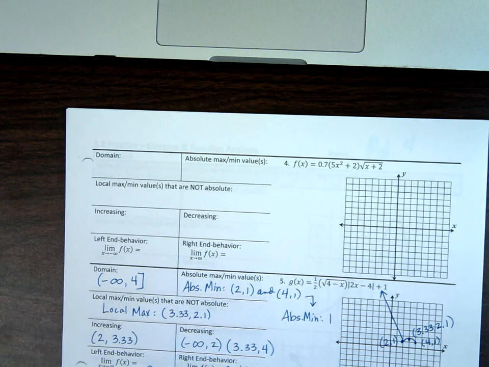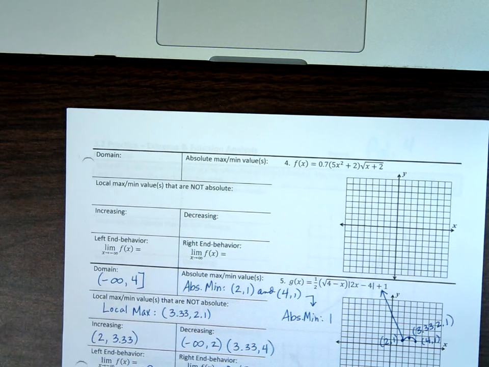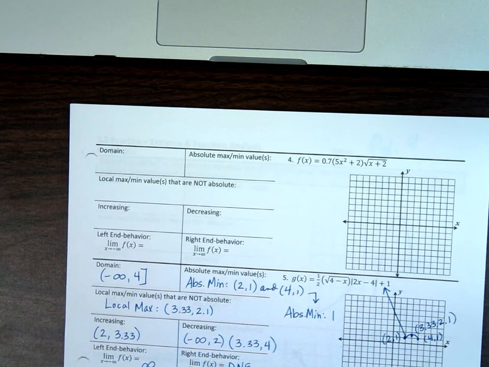Now before you go and draw it on your paper, let me tell you some things about it. I'm going to give you a minute though to get it up on your Desmos, because we need to figure out some coordinates that are important to us.